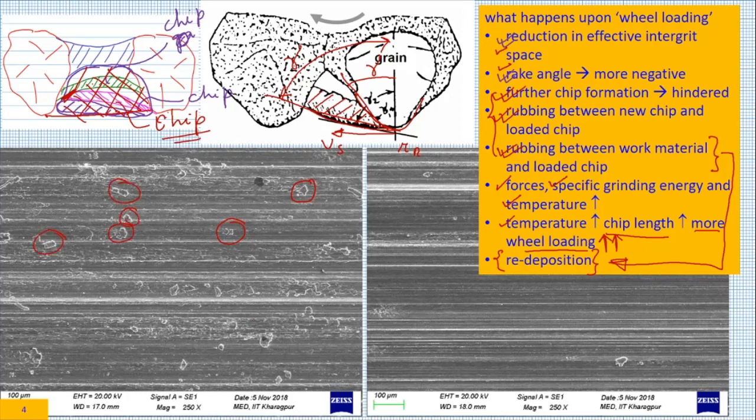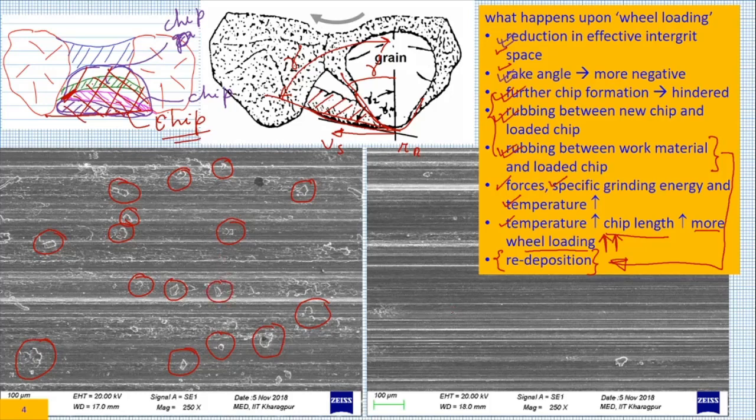For your information, this is a titanium surface which has been ground, and as you can see, so much redeposition has occurred. What is redeposition? The chips which were loaded, they have come back and got redeposited on the ground surface. There are other mechanisms of redeposition. Redeposition can also take place in case of titanium alloy from grid tip, but in this particular case, this happened because of wheel loading.